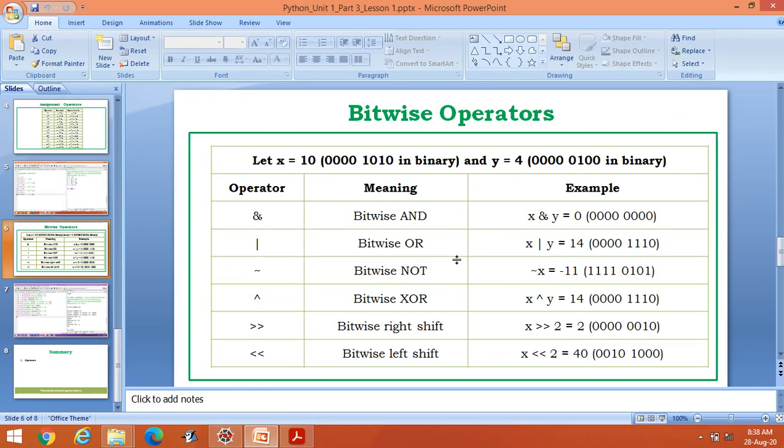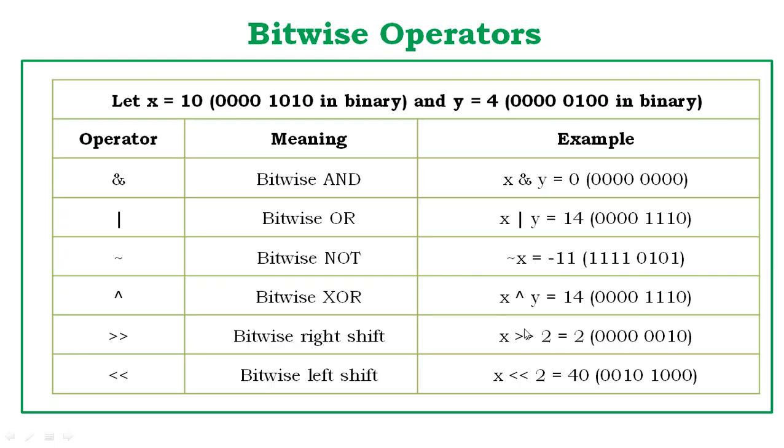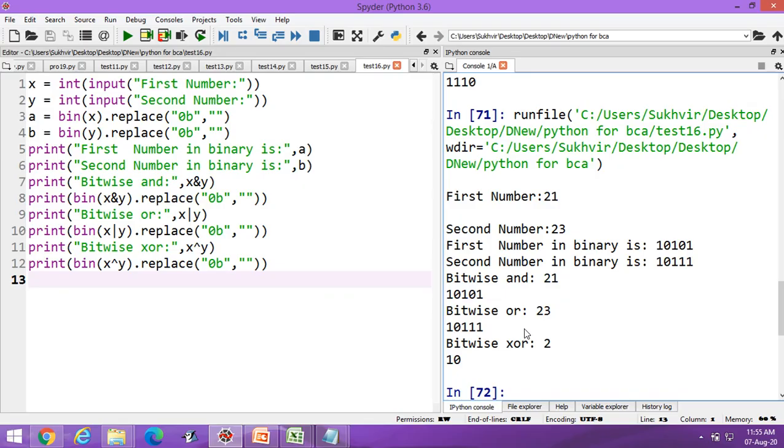You can do NOT operation, you can do XOR operation, and bitwise left shift and bitwise right shift. These are the contents. It is the program I have already explained.